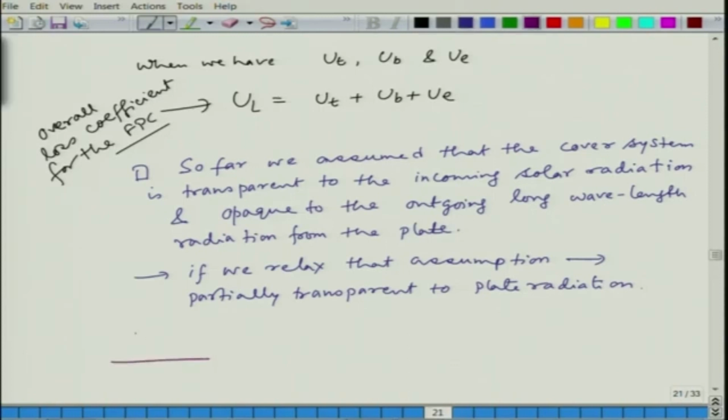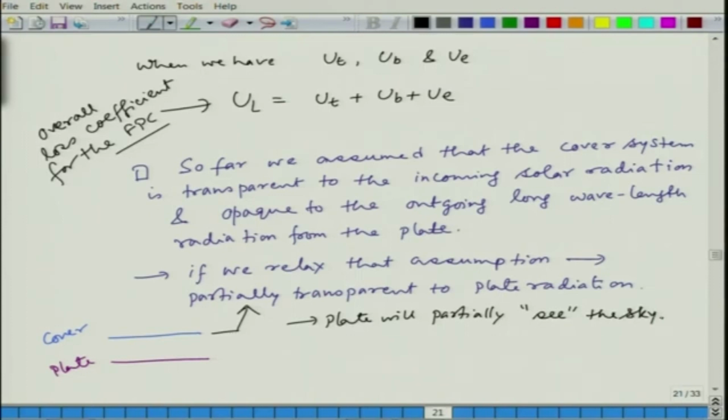If this is the plate and this is the cover system, let me just assume for the time being that we have a single cover to make the concept clear. If this particular cover is partially transparent, then the plate will actually be able to partially see the sky as well.